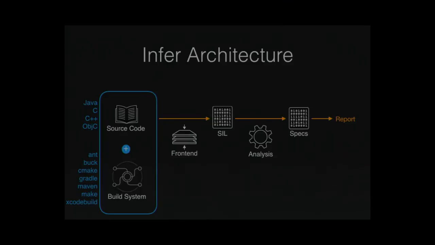And these are the things that Infer supports in blue. And so the first thing is it goes through the front end, which knows how to drive the build system to get to the source files, and it translates the source files from all these languages into a common, very simple intermediate language called SIL, which is basically just gotos and load, store, and assignment.